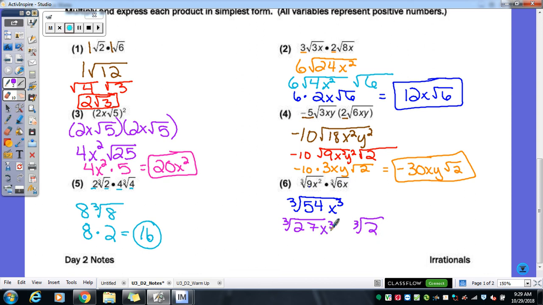Our exponent of 3 is divisible by 3, so that's all going to be in the perfect cube one. Remember, we have to be able to divide by that index. So that gives us a 3x, and then the cube root of 2. So multiply what's in front, multiply what's underneath, and then simplify.